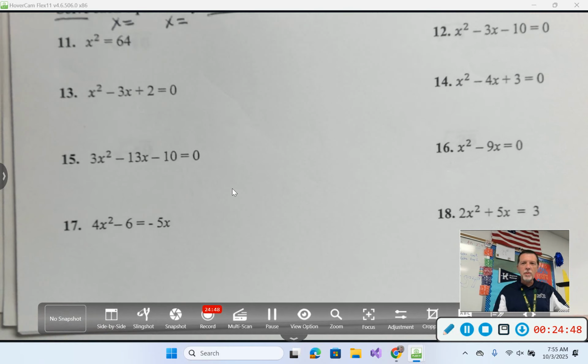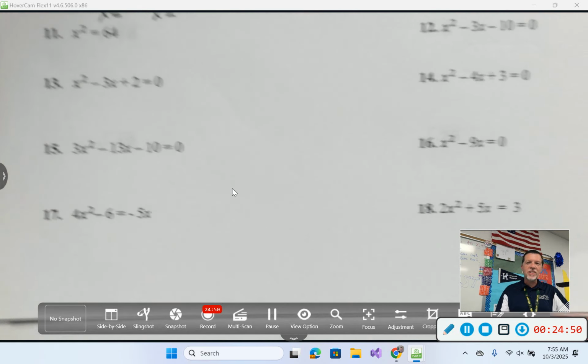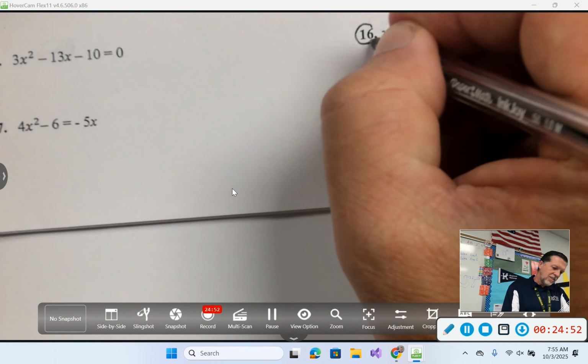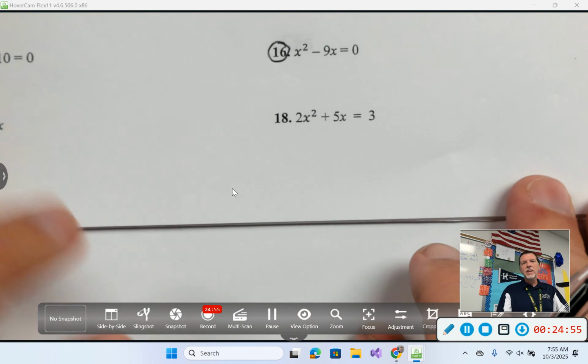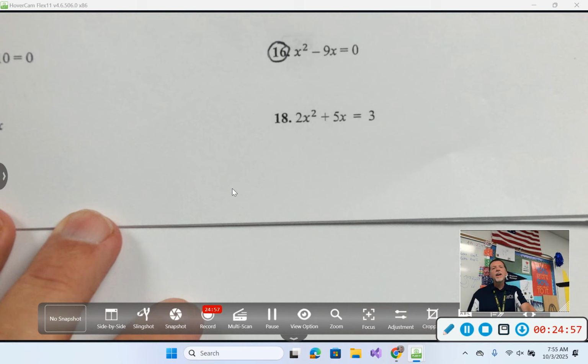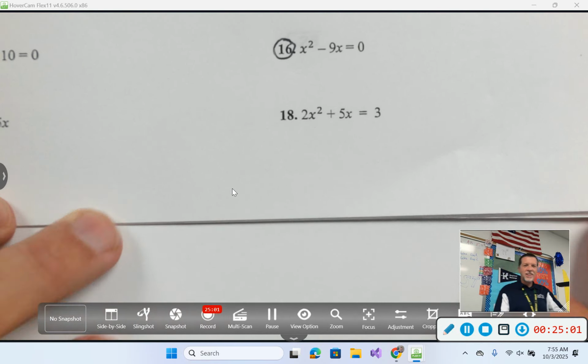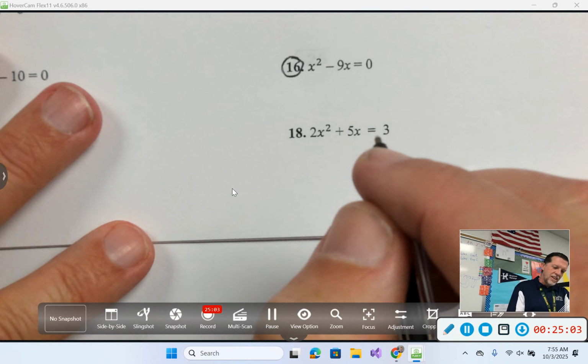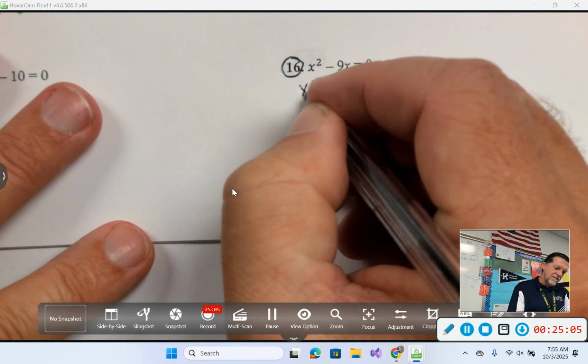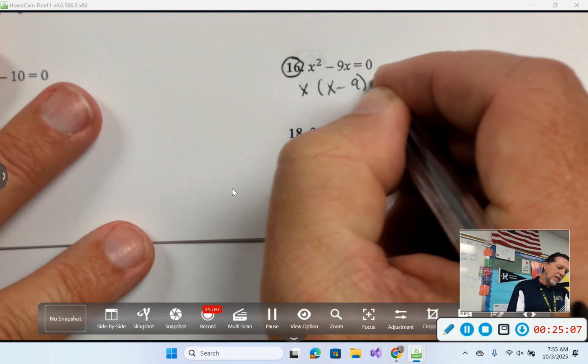In fact, maybe we should do number 16. Let's do 16. Cue the Jeopardy music. No, that's not a Jeopardy problem. What should I do to factor number 16? x and x minus 9.